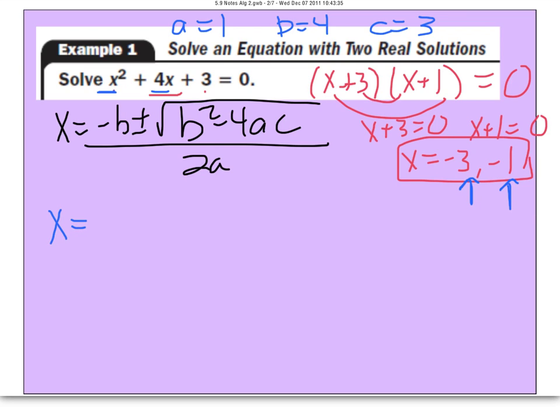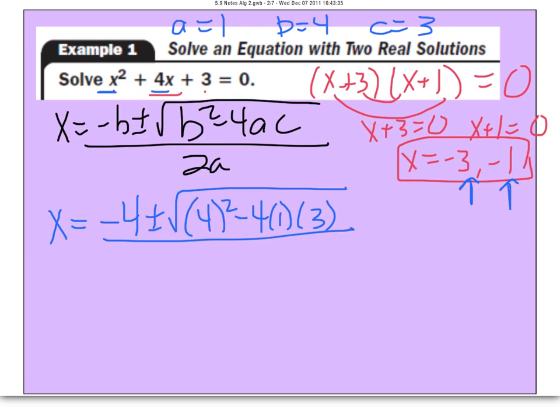So here we go. Negative of the b was a 4, plus or minus the square root of b in parentheses, squared, minus 4ac, all over 2a. Okay, first round of simplification, I'm going to keep the negative b, plus or minus. 4 squared is 16.